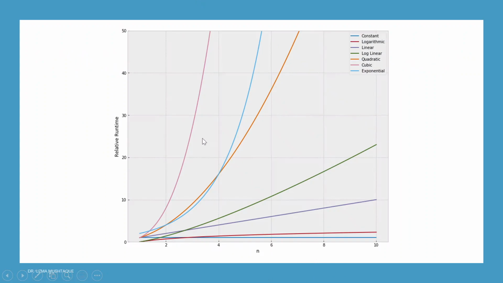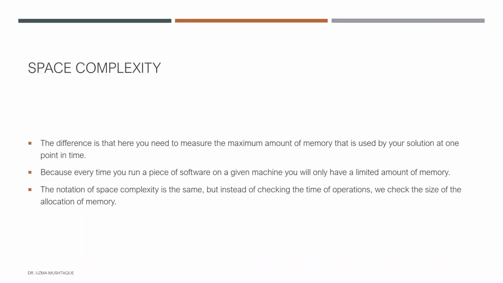Notice when n grows, how bad a cubic algorithm is, and this is the quadratic. Obviously, we don't want quadratic and exponential at all with bigger values, but for smaller n values, any of these can be a good choice. So it totally depends on the size of n. This is a comparison of different types of algorithms for time complexity. Okay, so now coming to space complexity.